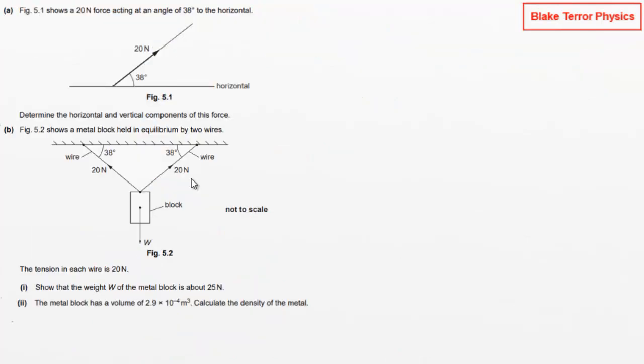And next up, this looks like a standard forces resolving question. A 20 newton force acting at that angle, that's all in the picture. Determine the horizontal and vertical components of this force. So we're going to have 20 cos 38 degrees and 20 sin 38 degrees.